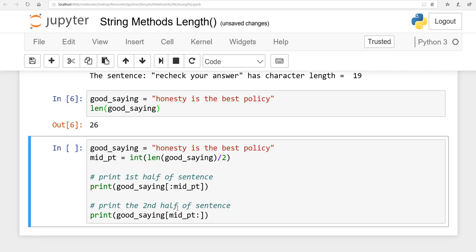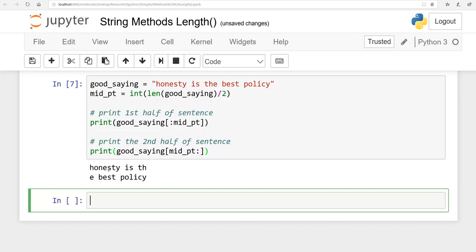I didn't assign the start point here, so the system will start from h and stop at the midpoint. And then in the second sentence, print good_saying from midpoint, now it has to start from the midpoint. I didn't assign the stop, so it will stop at y. When I run this, you can see honesty is the, because 13 characters, and then it moves to the second line, best policy.